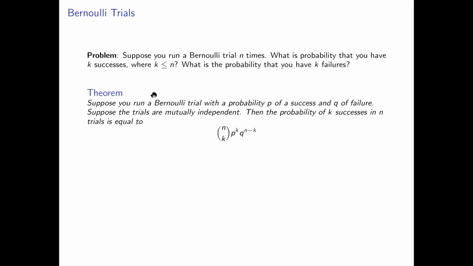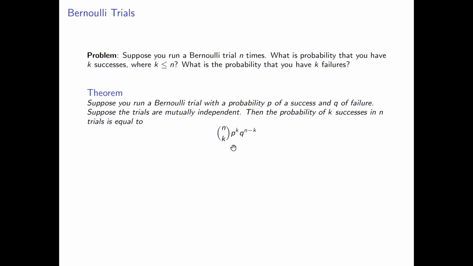Suppose I have a Bernoulli trial in the sense defined in the previous slide, with a probability p of success and a probability q of failure. And let's suppose that the trials are mutually independent. The theorem says that the probability of k successes in these n trials is equal to this formula here.